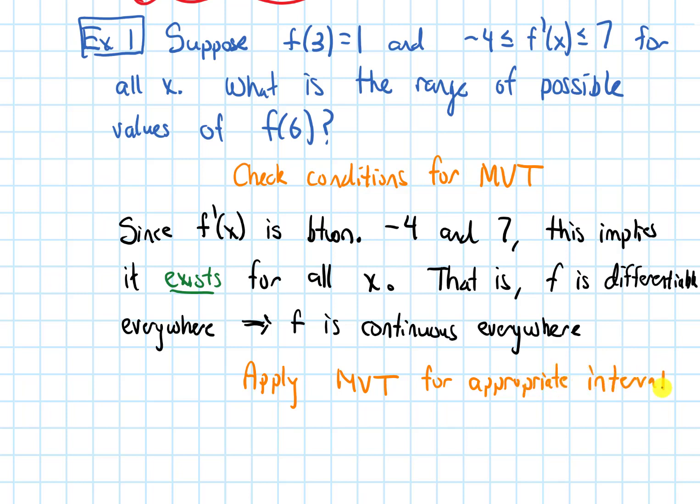For an appropriate interval. In this question, because one of the pieces of info is that f of 3 equals 1, and I want to know about f of 6, we're going to apply it to the interval from 3 to 6.